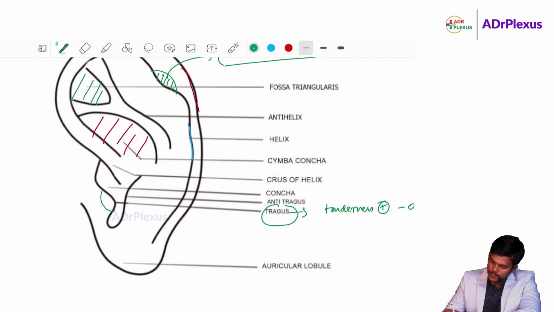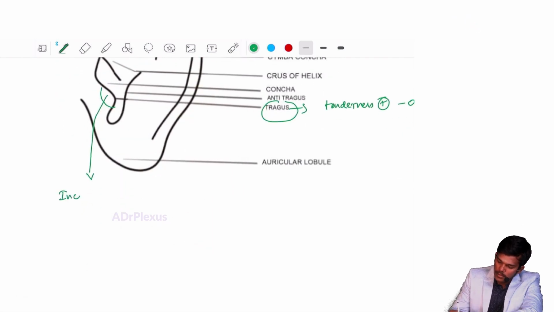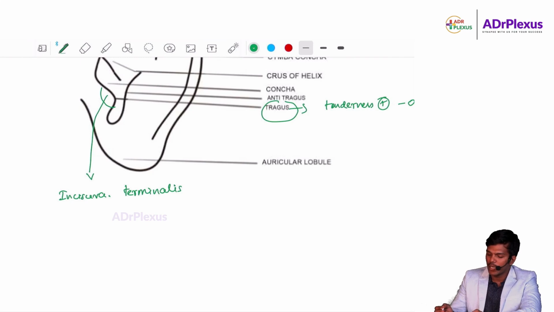Then there is an area called incisura terminalis. Okay, incisura terminalis.